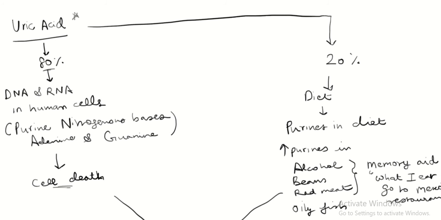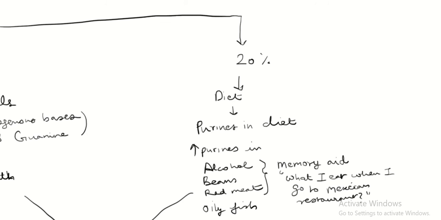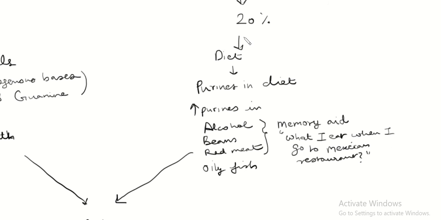Now, the other 20% of contribution is made through the diet. So you have purines that you consume in the diet, and if you have increased purines in the diet, you're going to have increased uric acid.